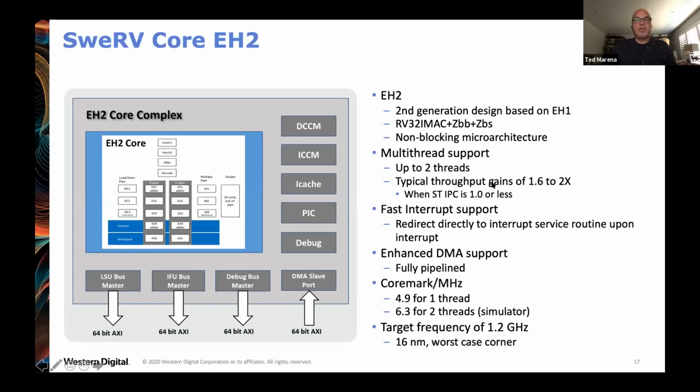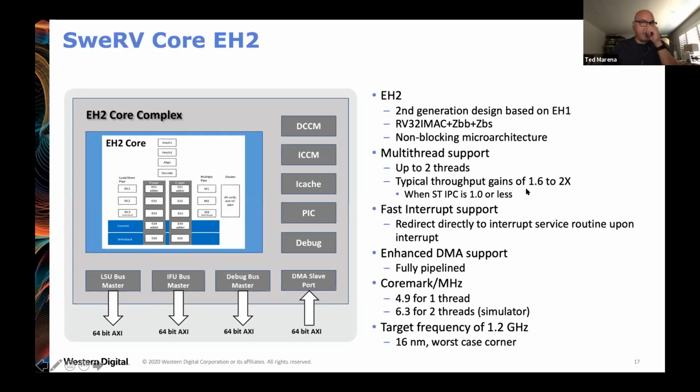So we're seeing gains of up to 2x. And what's interesting is when the single threaded instructions per clock cycle is 1 or less, we're getting a really good boost.